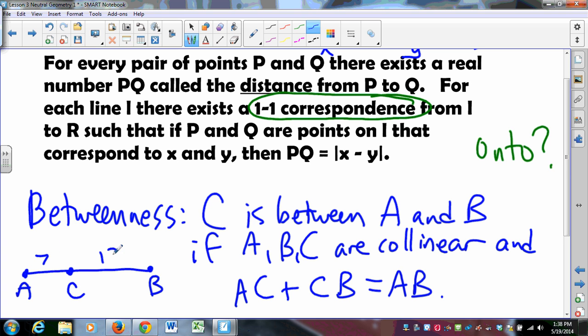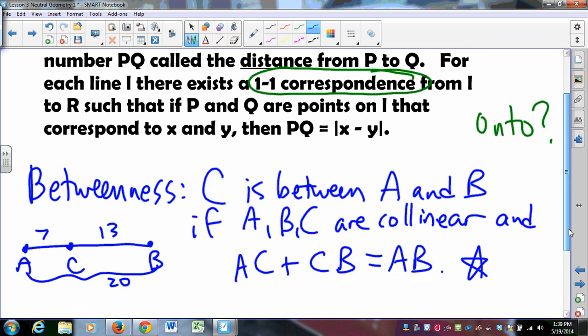Well, if this is 7 and this is 13 and that's 20, then I have C between A and B. But if those distances were not to add up nicely, I would know either C is not on the line segment or C is not between A and B. Now this is obvious. There is nothing surprising in this result, but it still has to be built.